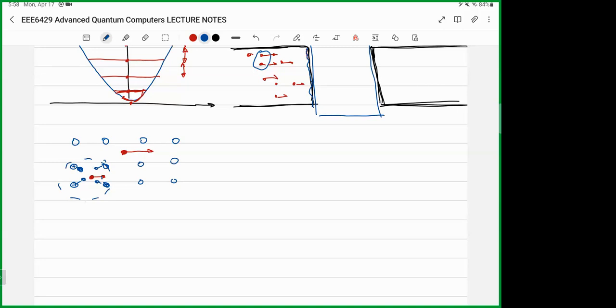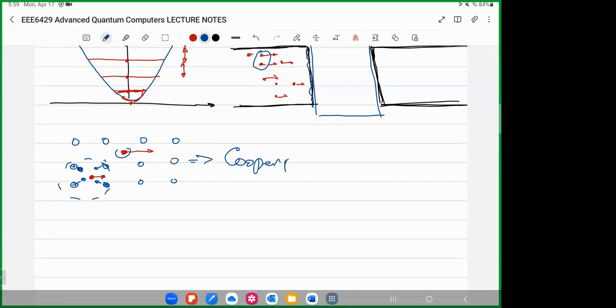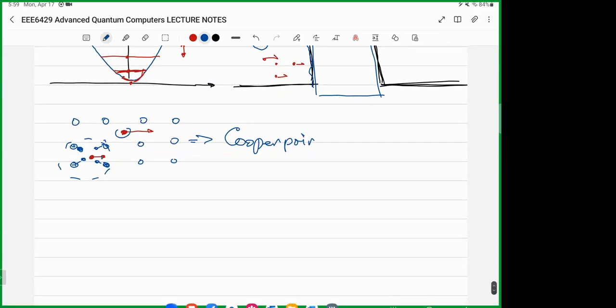So in this local area around this electron, this area becomes positively charged. This positively charged area around the electron interacts with the first electron, and it creates this Cooper pair. Cooper pair.